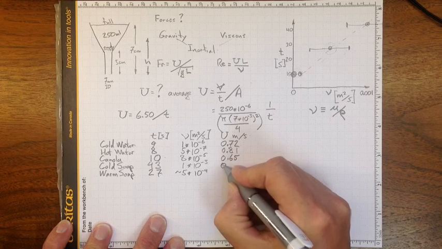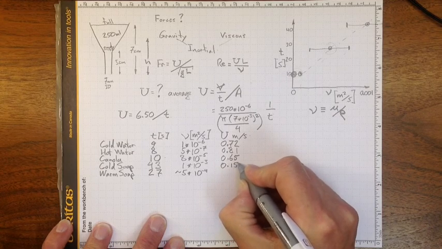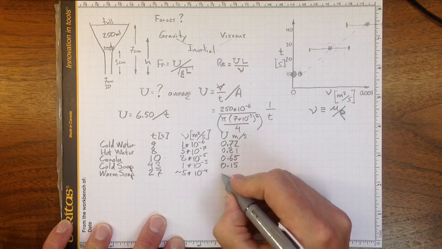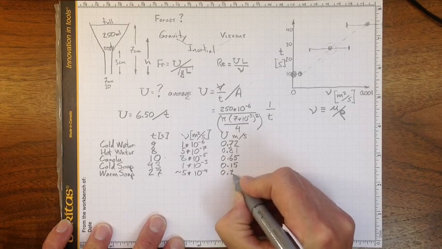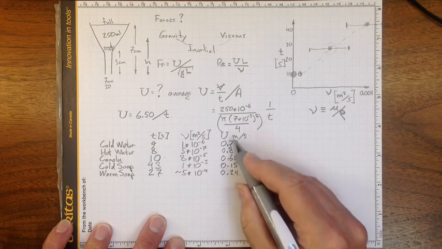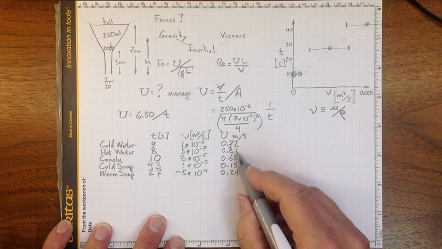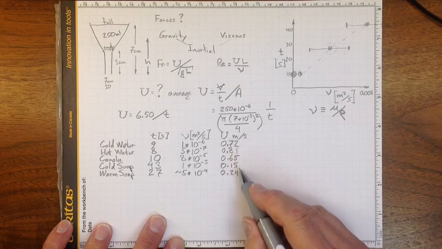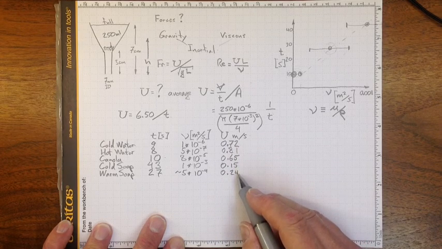And for the cold soap, going much more slowly, 0.15. And the warm soap, 0.24. So they're all in the same range, from 1/4 to 3/4 sort of range. There's a factor of about 3 in there in the velocities.